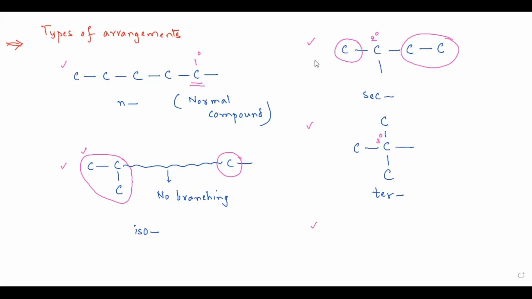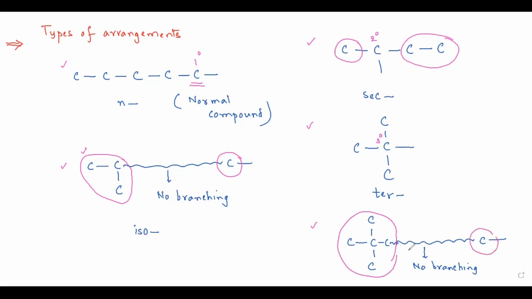Now, if you have this type of an arrangement at one end and this kind of an arrangement at the other end with no branching in between, this is called a neo arrangement.